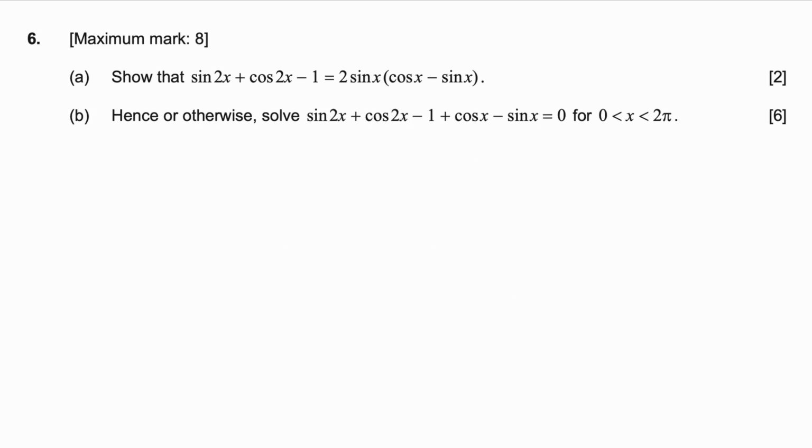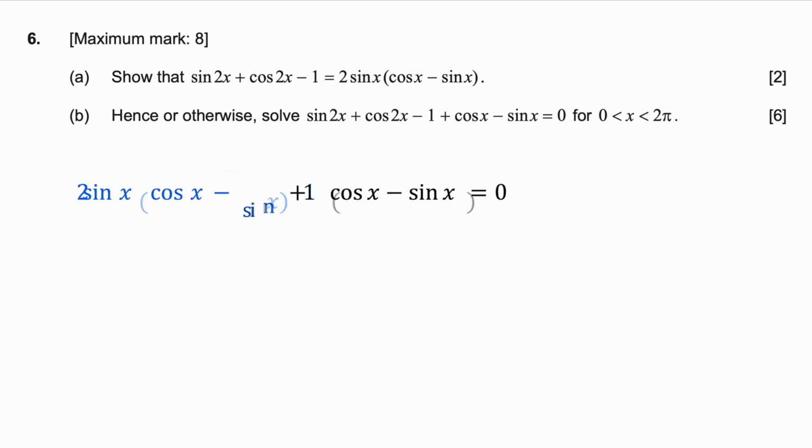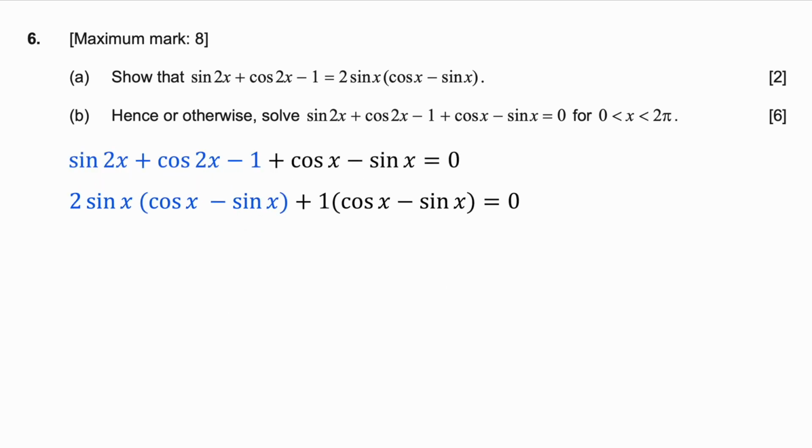Okay, now I'm immediately noticing the similarity between part B and part A. And you will always notice this in IB questions where part B follows on from part A. And so the sine 2x plus cos 2x minus 1 part can be replaced by our part from part A. So we replace that like this because we know those two blue parts are the same.